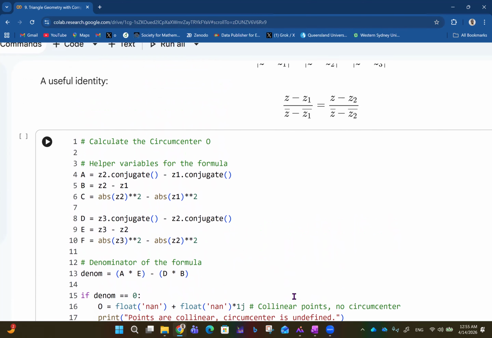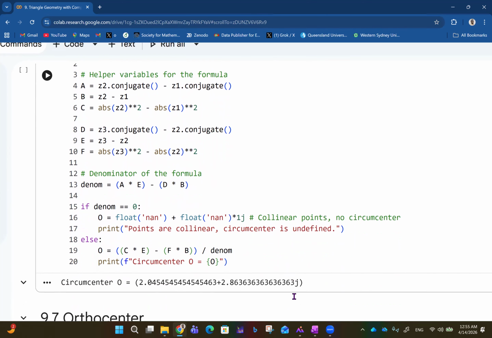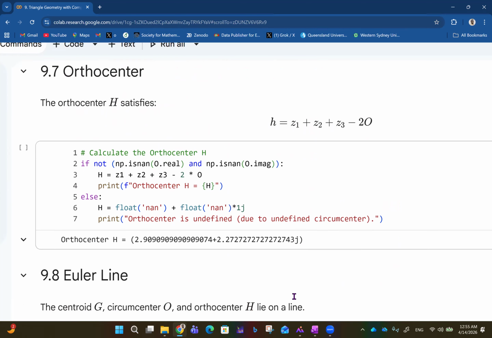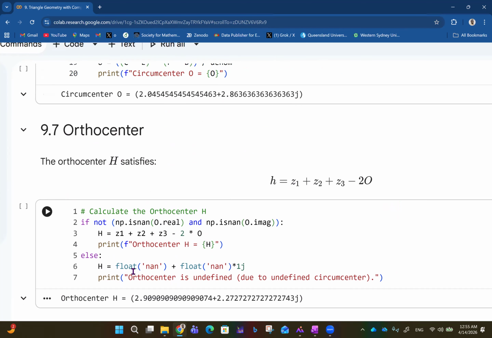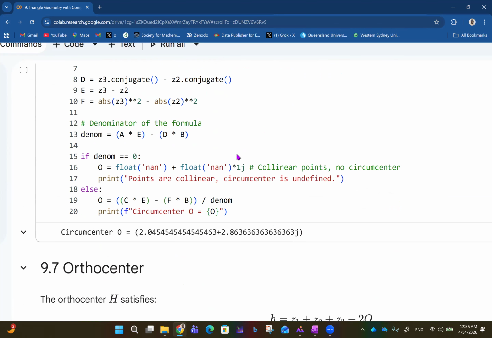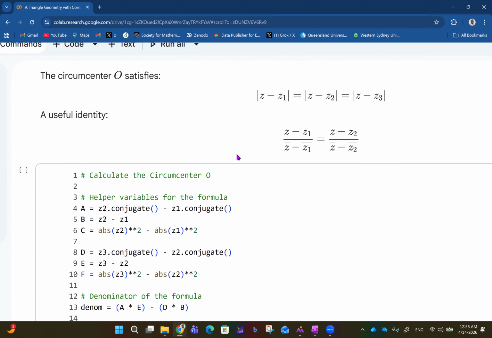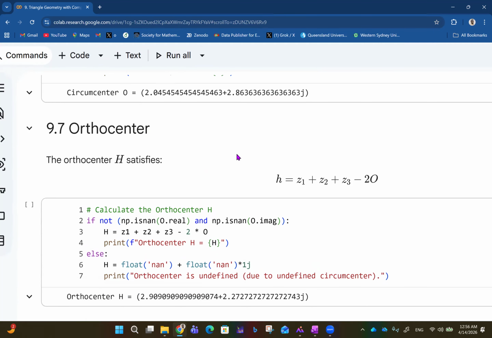So we get the circumcenter. Then we have the orthocenter. The orthocenter H satisfies that H is equal to Z1 plus Z2 plus Z3 minus 2 times the circumcenter O, right? Which we got here before. So if you add up Z1, Z2, Z3 and subtract 2 multiplied by the circumcenter, which is clearly a complex number also, then you get this result right here.